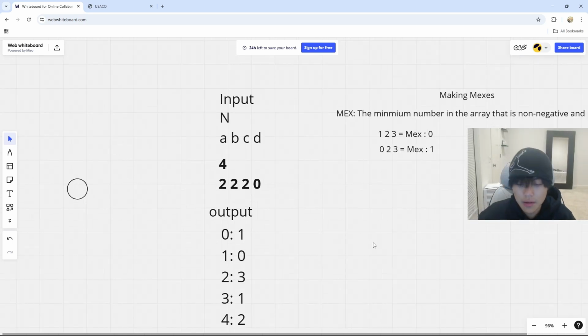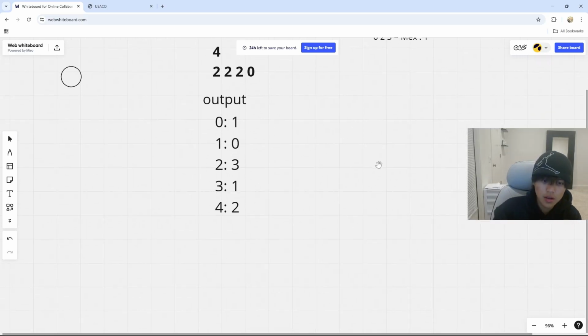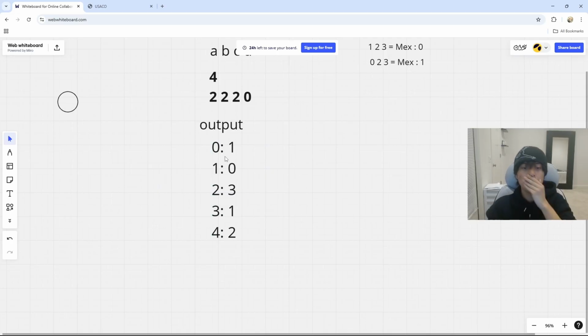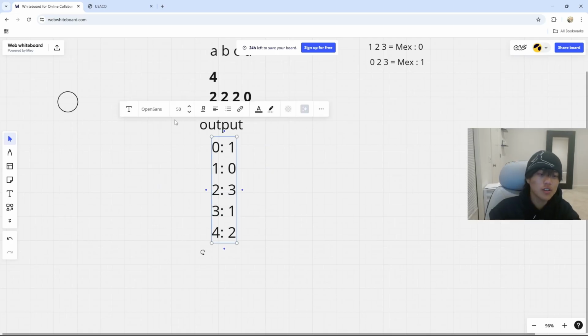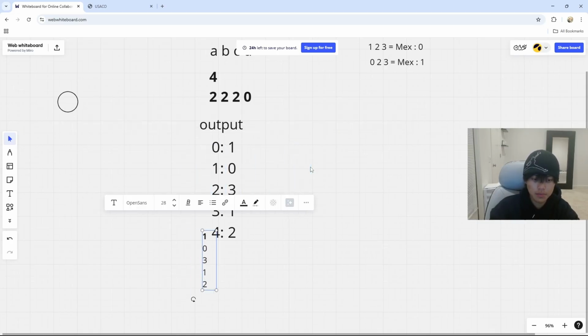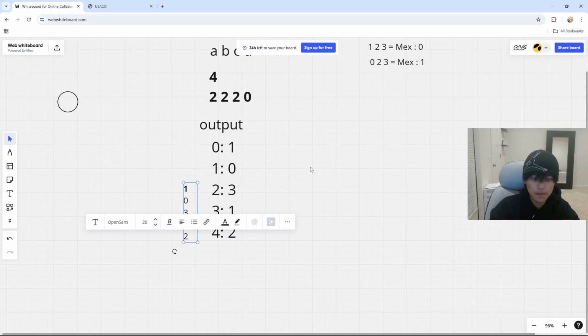So now that we've identified what a mex is, how do we get this? Where did the output come from, right? Your actual output didn't look like this. It was similar. It was 1, 0, 3, 1, 2. That's what you should have gotten. I just put a little detail in, right?